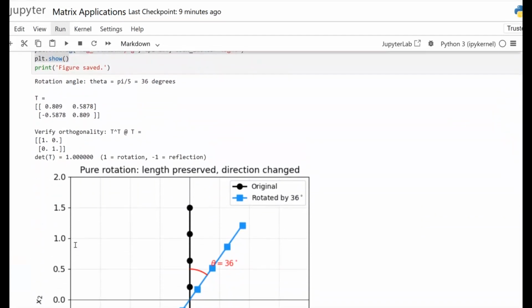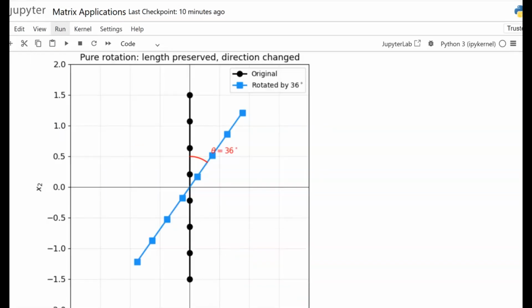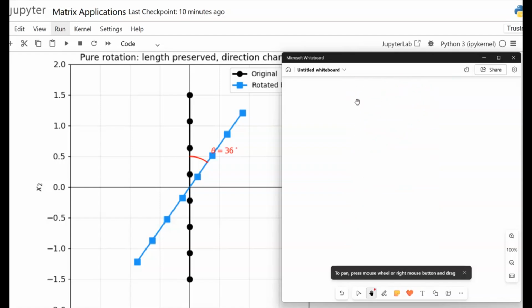Kindly observe here. This is our T, and we have the orthogonality, T transpose multiplied by T, which is an identity. With this result, what it shows is the rotation matrix T with pi by 5, that is 36 degrees, and it satisfies T transpose dot T equal to identity.